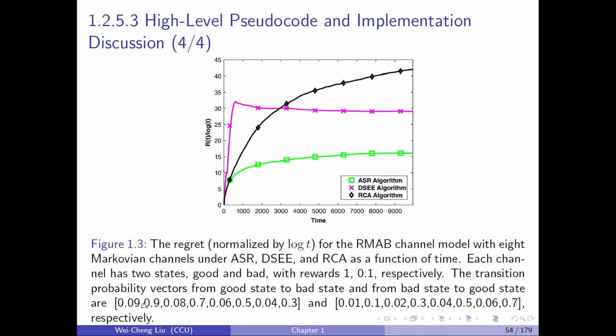0.09, 0.9, 0.08, 0.7, 0.06, 0.5, 0.04, 0.3. So there are totally 1, 2, 3, 4, 5, 6, 7, 8 Markovian channels.